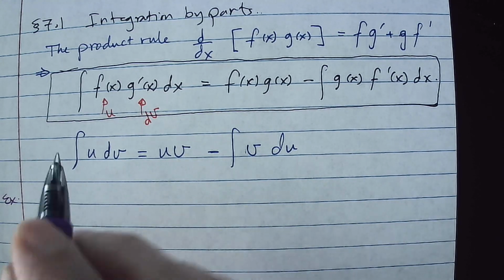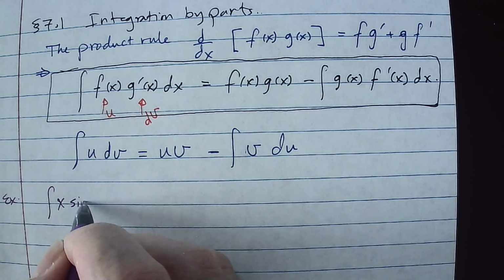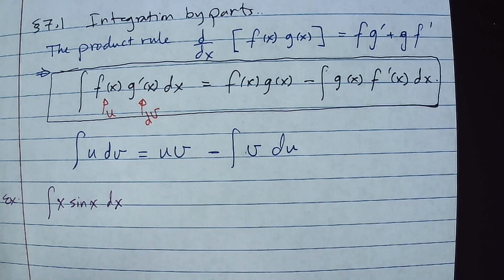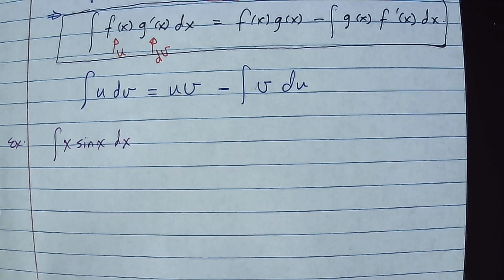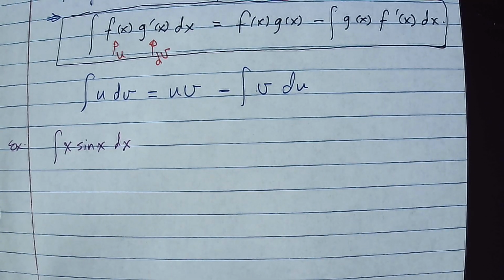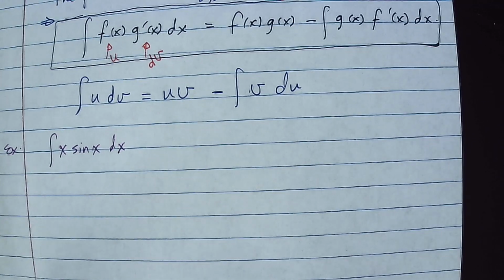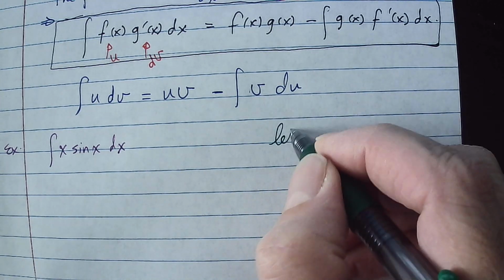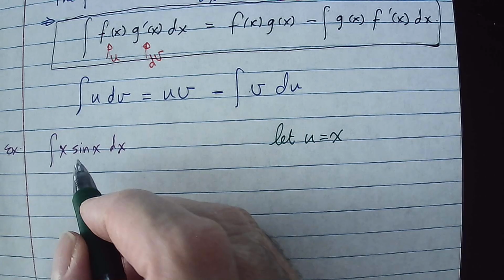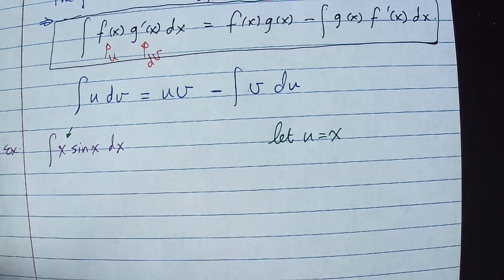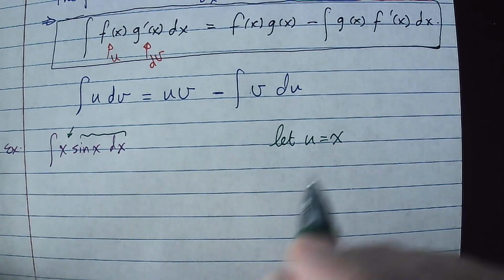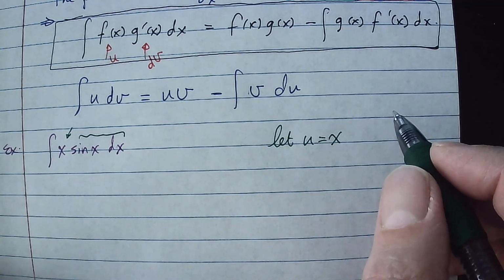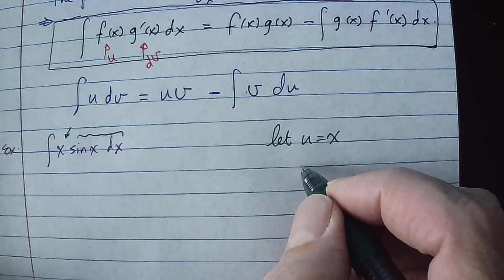The integral of x sine x dx. The first integral, x sine x dx, we can take here, let u equal x, so we are going to take this as u, and then the rest of the integral we are going to take it as dv.